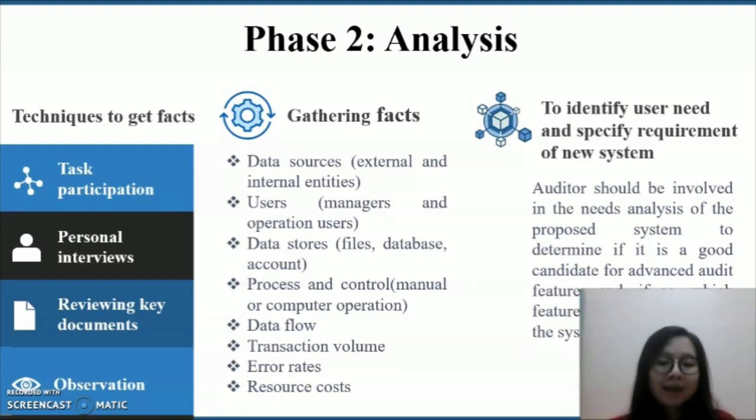In certain cases, such as the integrated test facility, it must be designed into the system during this system development life cycle. Normally, advanced audit features cannot be easily added to an existing system. So the auditor has to be involved in this analysis phase to determine whether it is a good candidate for the advanced audit features and whether it is best suited for the system or not.